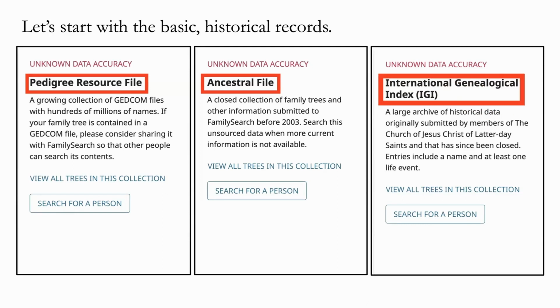The third one is the International Genealogical Index, or IGI. This is a compilation of records that were extracted, called extracted records. They had volunteers, and they're still doing this today. If you are unaware, there are extraction programs going on.